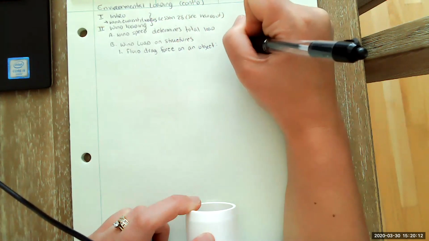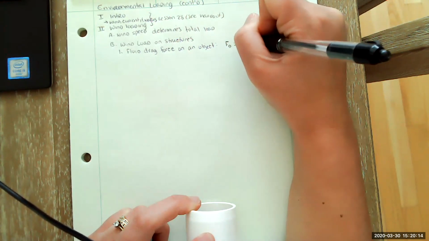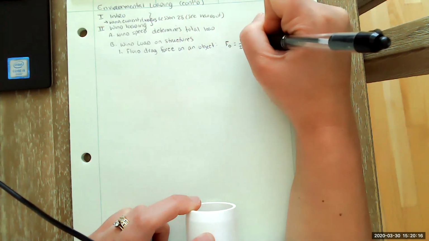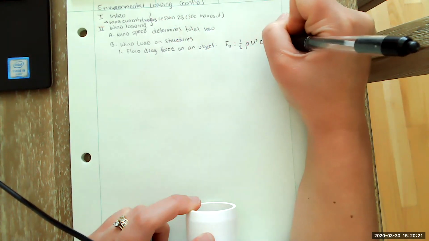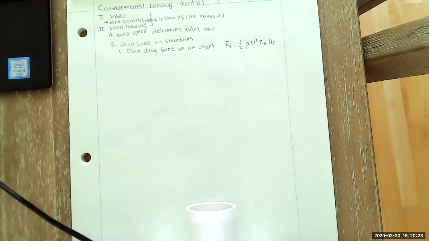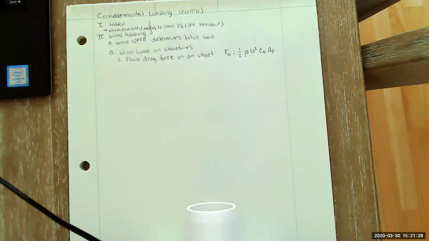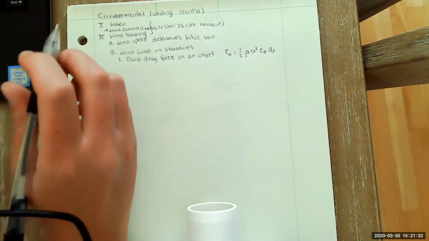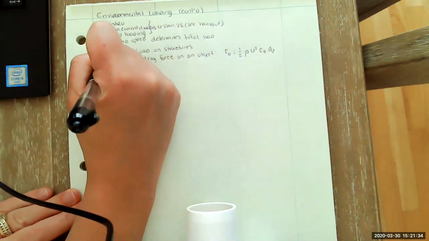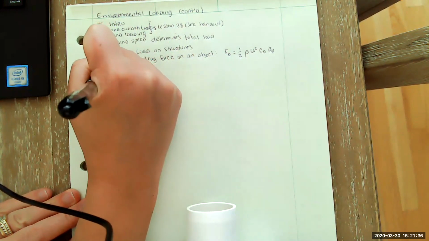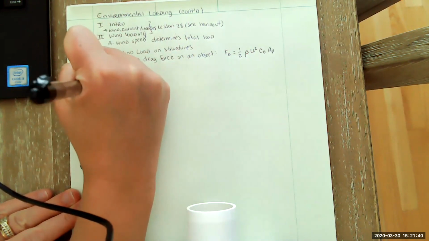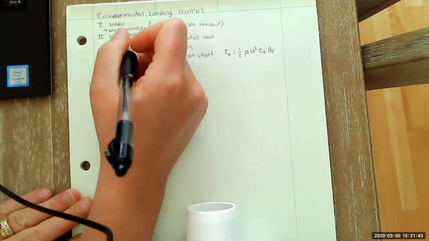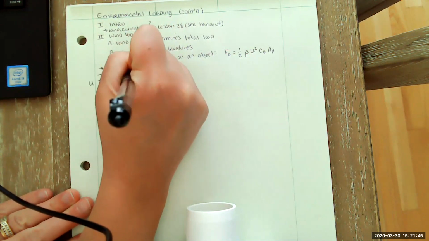Our drag force F sub D is equal to 1/2 times rho times U, our velocity, squared, times a coefficient, times our projected area. Let's go ahead and define some terms. If we want to draw a definition sketch, let's say I have some wind coming this way, a uniform wind vertically with some speed U. And I might have some structure.